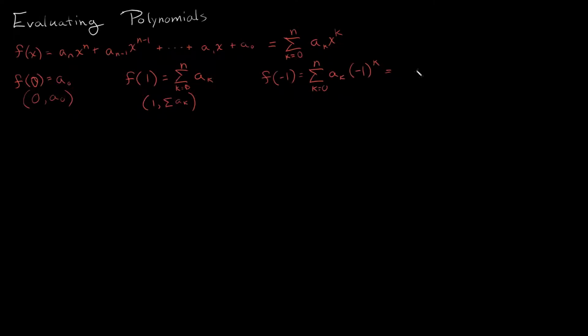And what that shows you is, I'm going to write it backwards, a sub 0 minus a sub 1 plus a sub 2 minus, and so on, plus negative 1 to the n a sub n. So this is just adding and subtracting the coefficients, alternating sign, starting at the constant, subtract, add. So these are 3 points on the polynomial that are pretty easy to find.